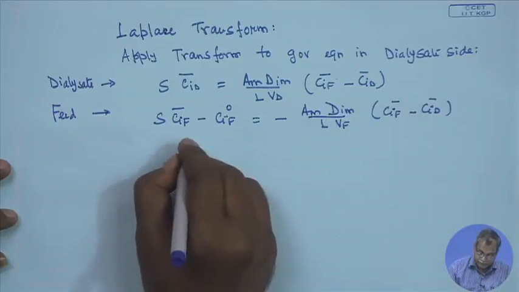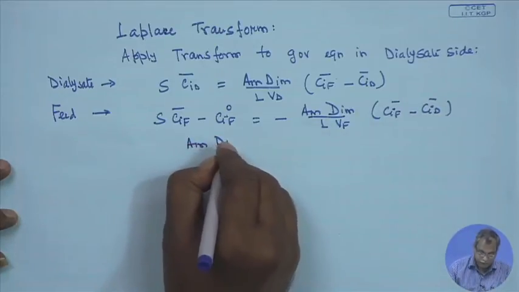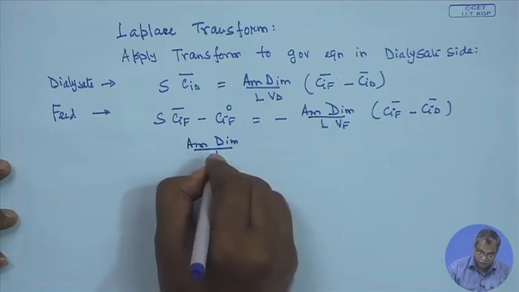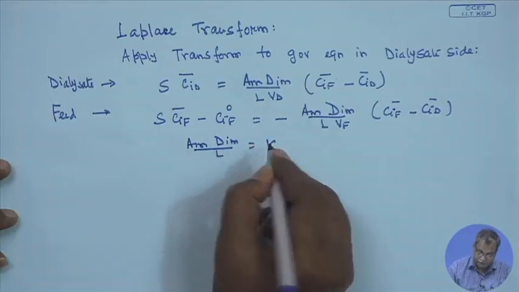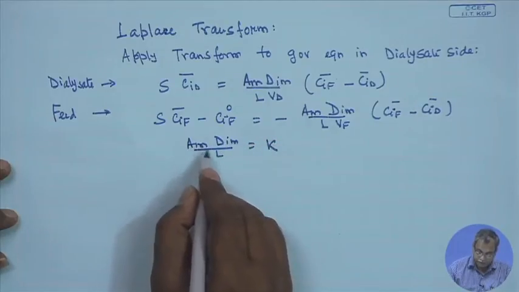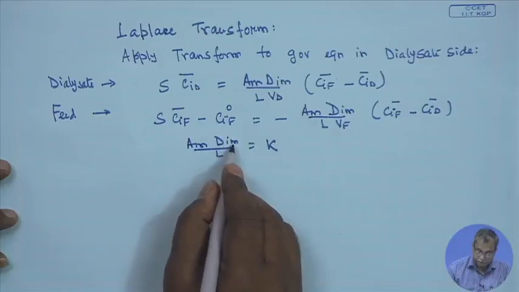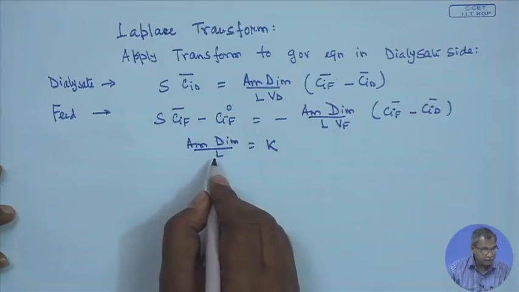Now, we can take A_m D_Im over L as a constant K. A_m is the membrane area, D_Im is the diffusivity of the solute in the membrane matrix, and L is the membrane thickness.